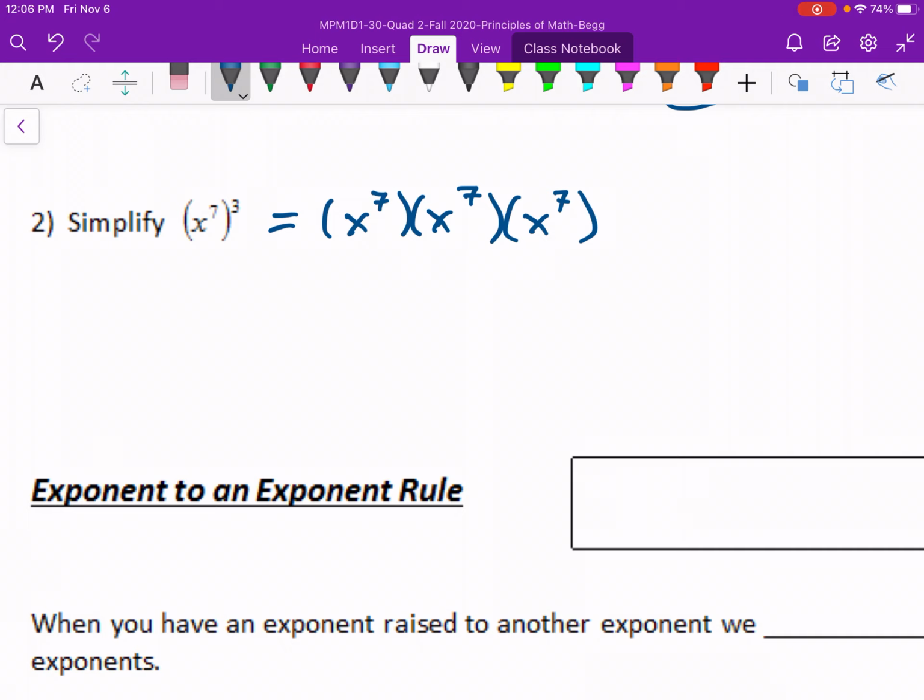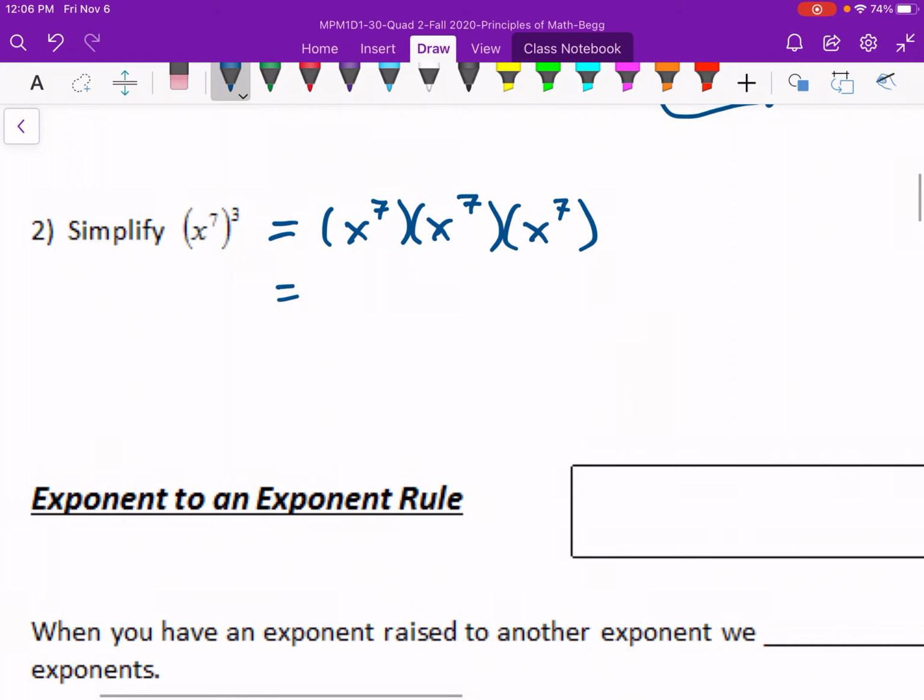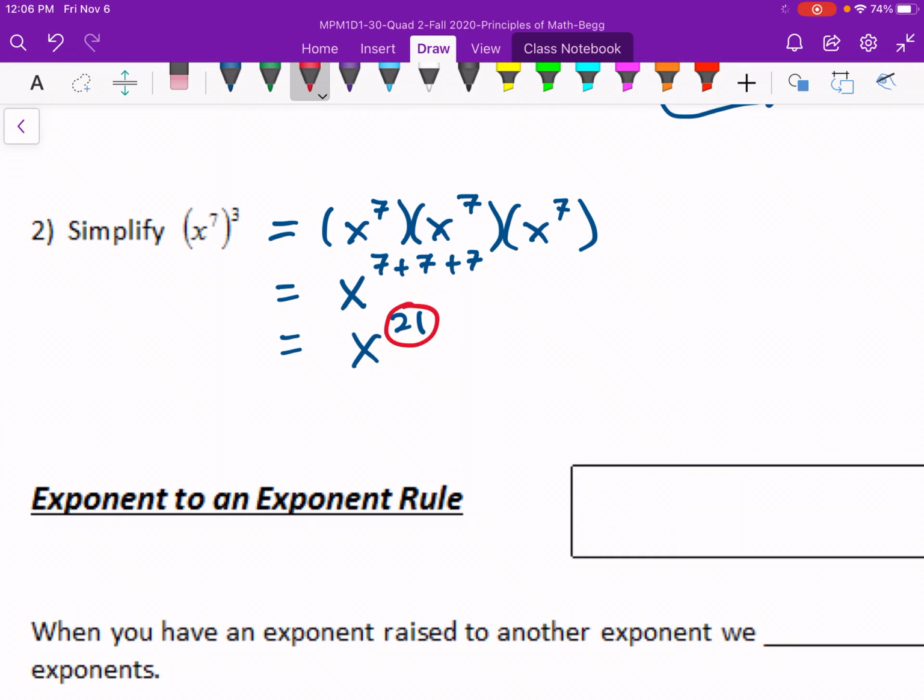But we also saw, using the exponent law for powers in the last lesson, that if I'm multiplying powers together, I can add the exponents. So this would be the same as x to the 7 plus 7 plus 7, which equals x to the 21. Can you see any connection between this exponent of 21 here and these two exponents up here?